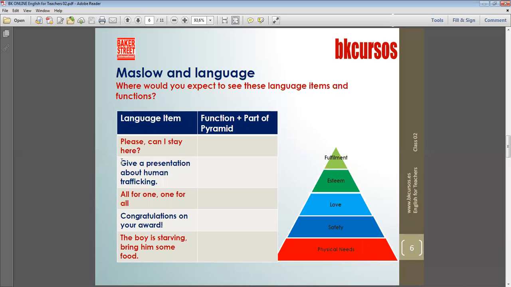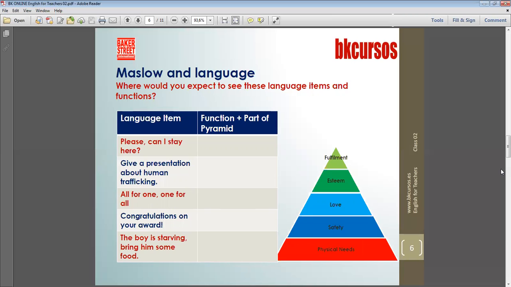Okay, so where would we put the first one? Safety. Please can I stay here? And that expression in English, if we were English teachers, what's the function of that?